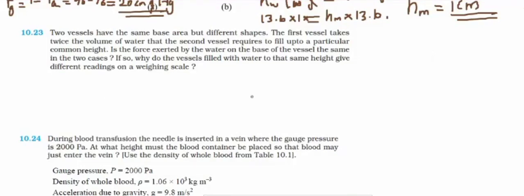Okay, so here we can take two containers. The first container and the next one, the second container, with the same base area. The base area is the same, but you see its volume is almost double.